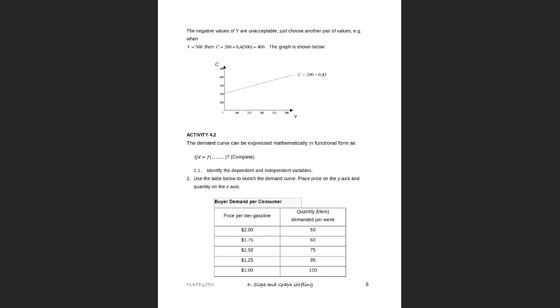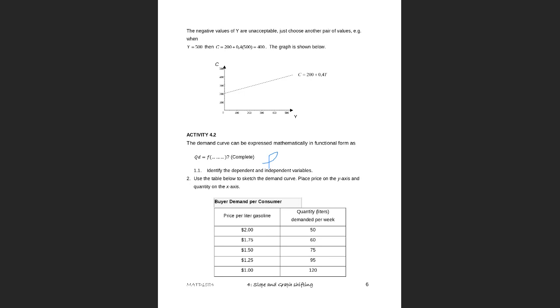It says that the demand curve can be expressed mathematically in a functional form as QD as a function of price, P. Then it says to use the table below to sketch the demand curve.